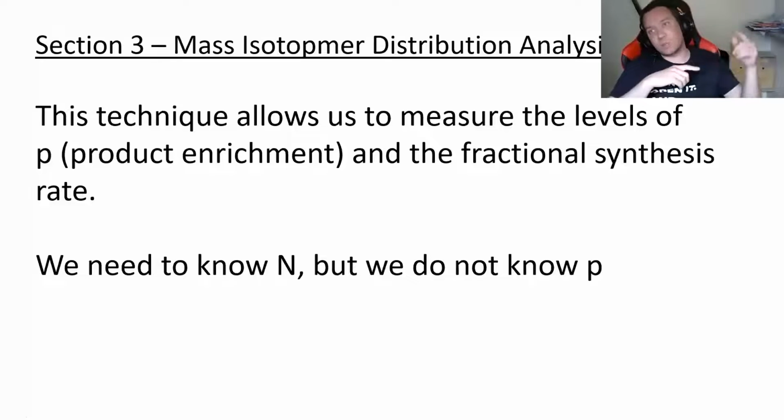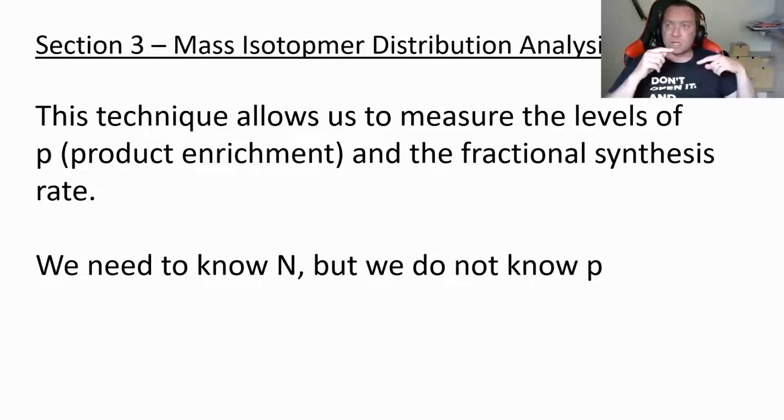Then we used that to calculate our expected distribution of the ion pattern, and then we used the mass spectrum to calculate the fractional synthesis rate. So to do this, we're just going to use the isotope distribution of, in our case, palmitate, to calculate P, i.e. our product enrichment, as well as our fractional synthesis rate simultaneously.